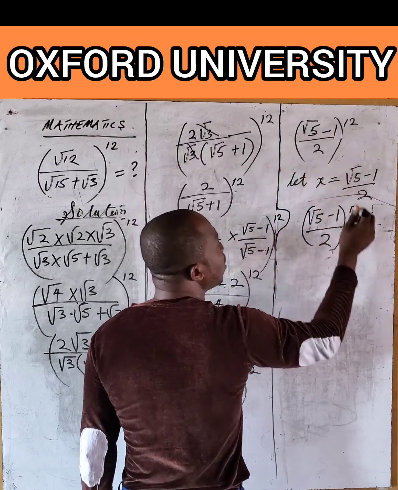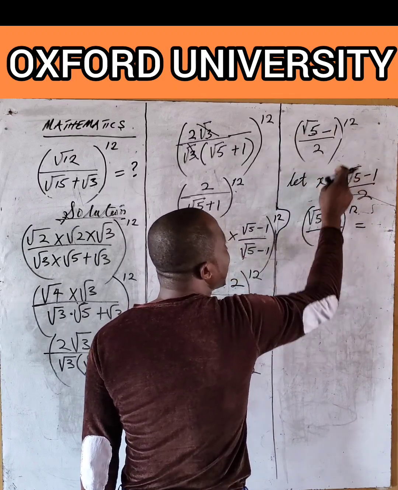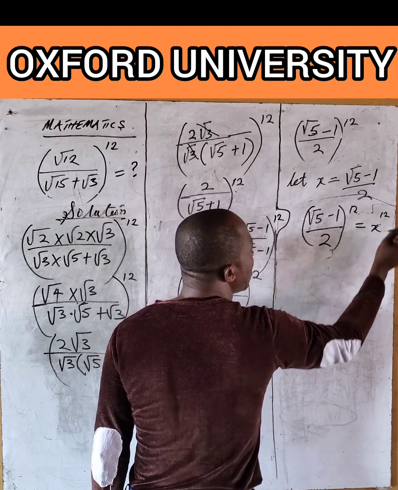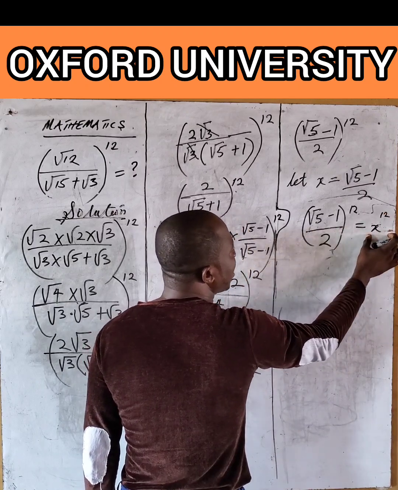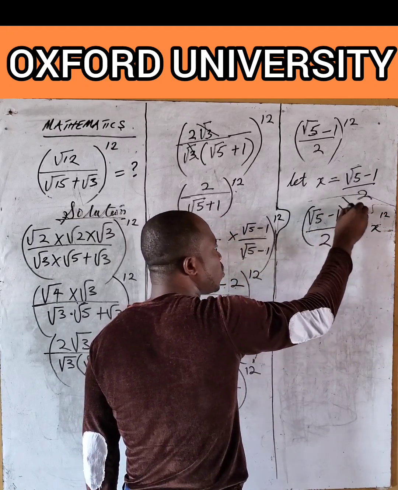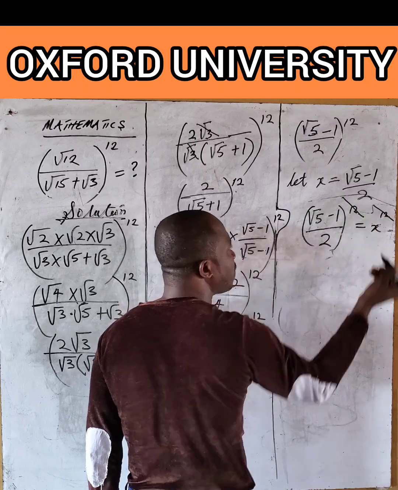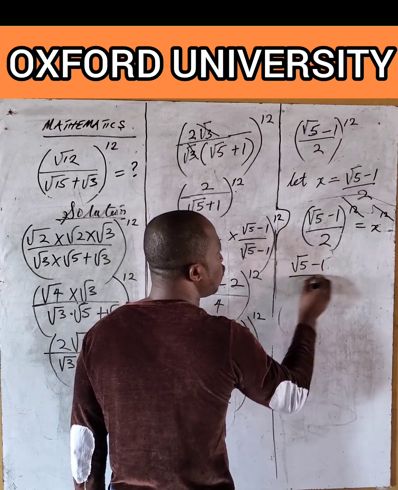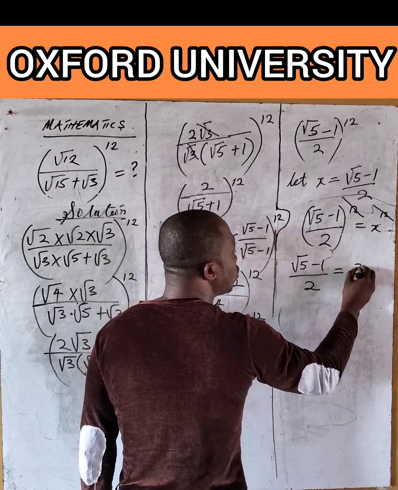That's what we have here. It will be equal to, since the entirety of this is referred to as x, we now have x raised to power 12. This and this are not the same. It means that I can now cancel the power 12 and root 12. As such, I'll be having root 5 minus 1 over 2 is equal to x.